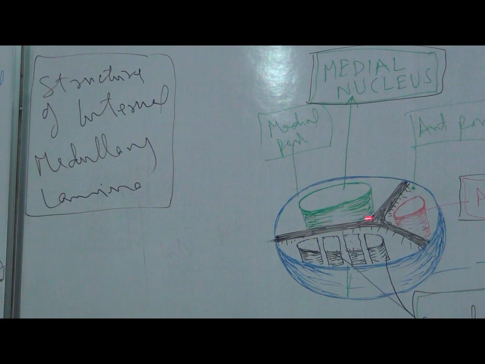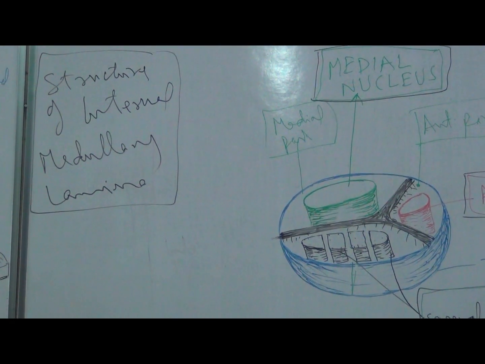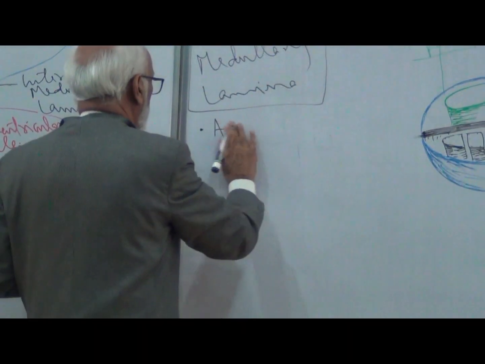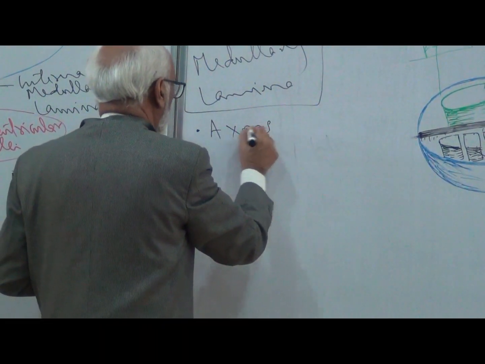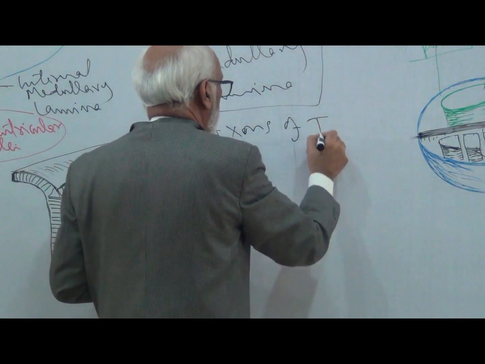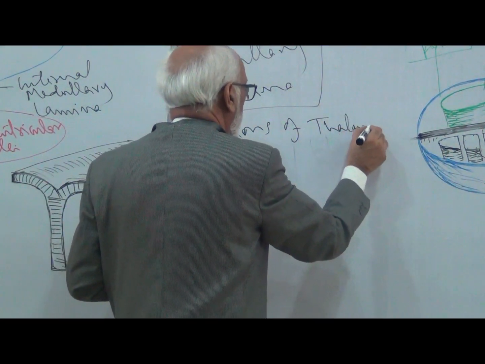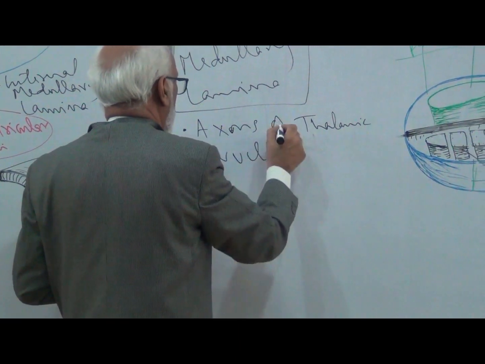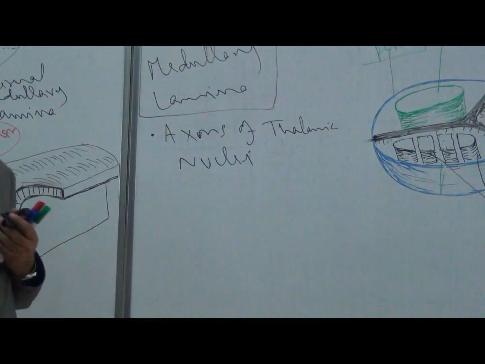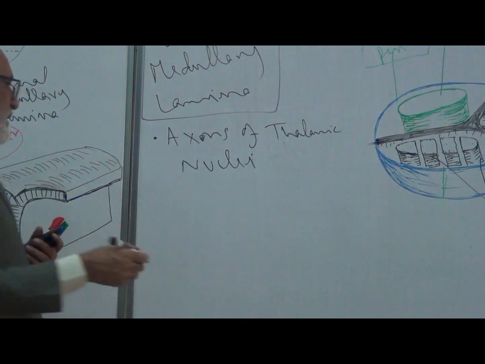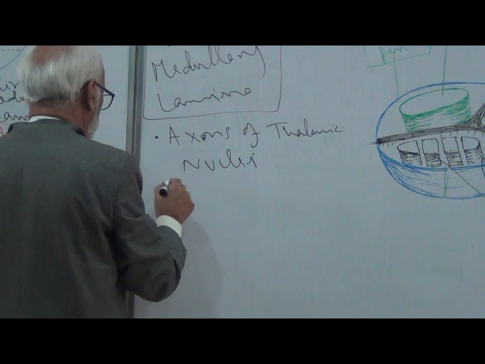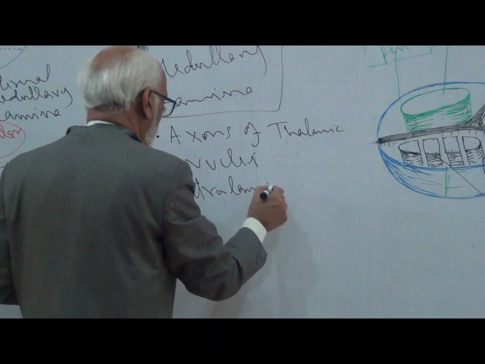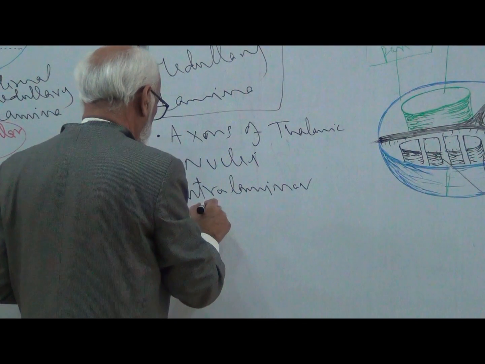Now, what is the structure of the internal medullary lamina? Number one, it comprises axons of thalamic nuclei and interconnects the thalamic nuclei with one another. Second, embedded in it are intralaminar nuclei.